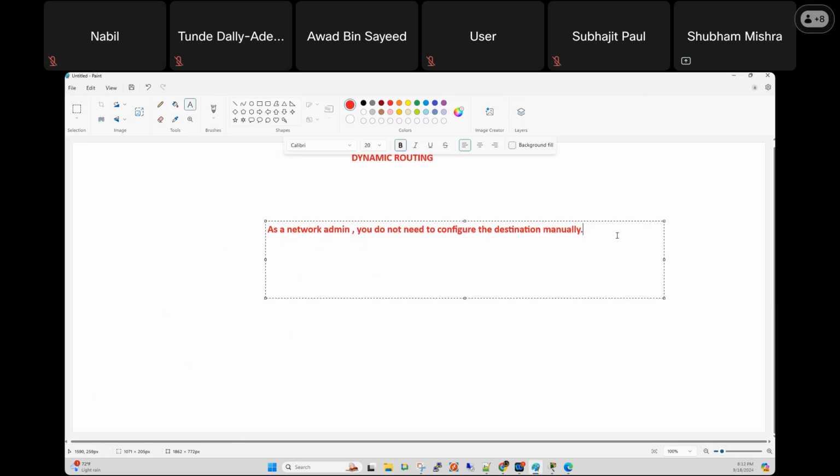Clear, everyone? As a network administrator, you do not need to configure the destination manually.